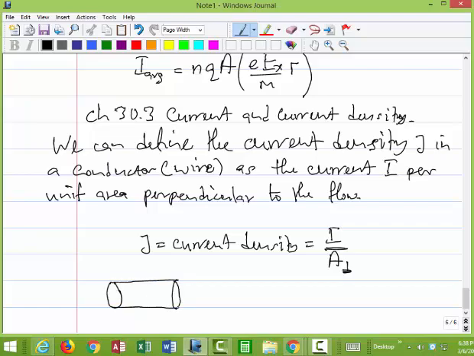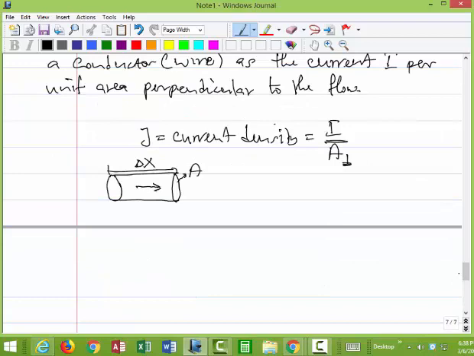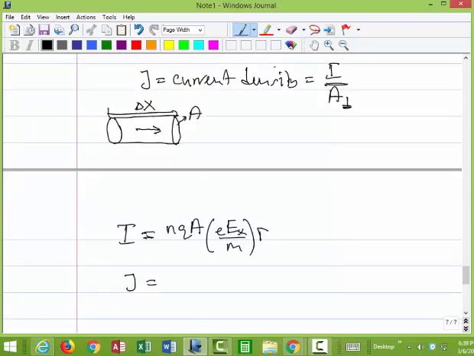So this is what we are talking about. We have this segment of wire. The length here is delta x, and this area is A. So we're talking of current density as current per unit area perpendicular to the flow. Using our definition of current density as I over A, it's going to be n q, and then we have E_x over m times tau.